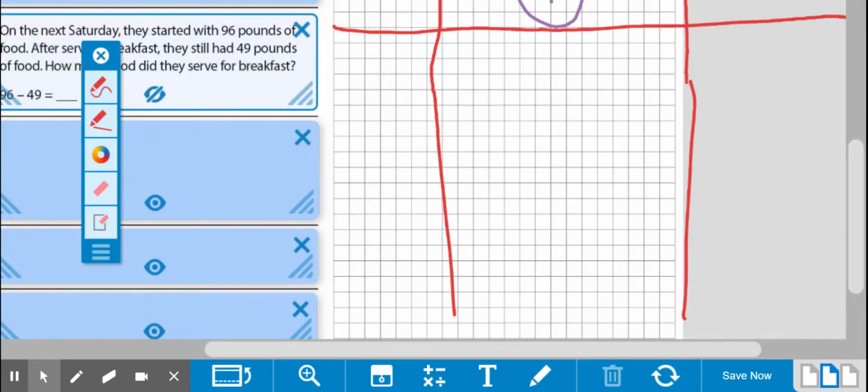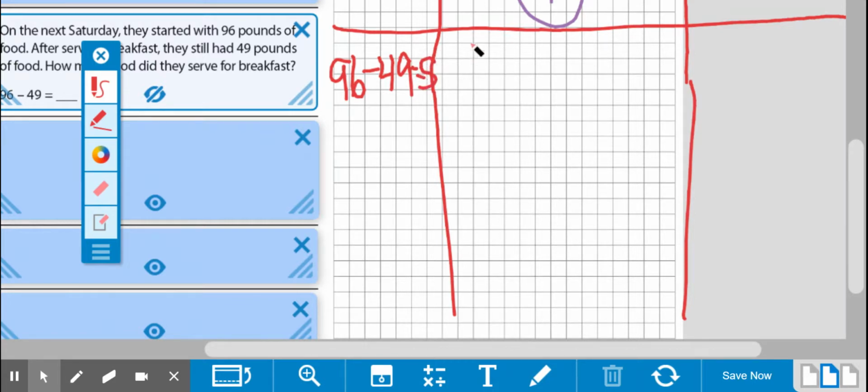So the next Saturday, they start out with 96 pounds of food. And after breakfast, they still had 49 pounds of food left. How much did they serve?